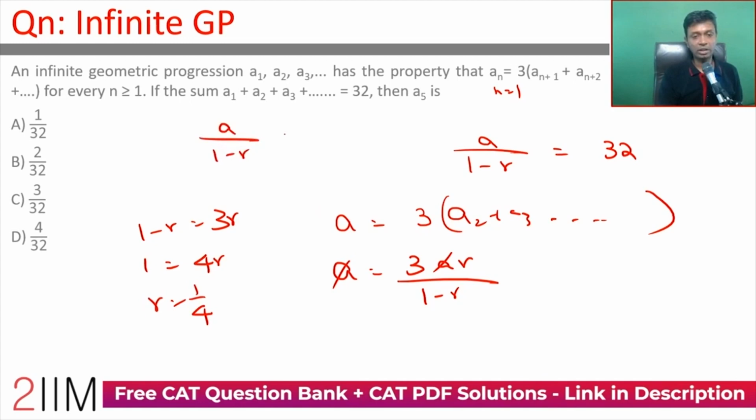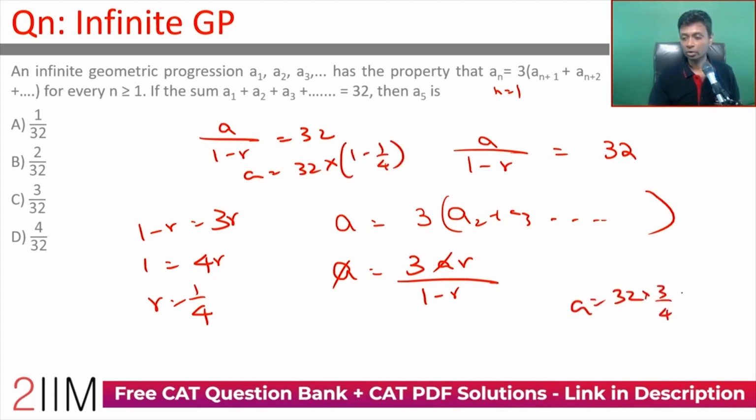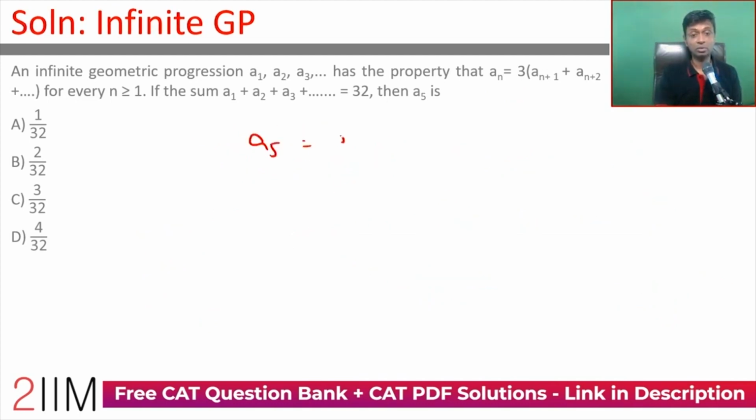A by 1 minus r is 32. A equals 32 into 1 minus 1 by 4. A is 32 into 3 by 4, which is 24. We want to find a5. A5 is ar power 4. A is 24.